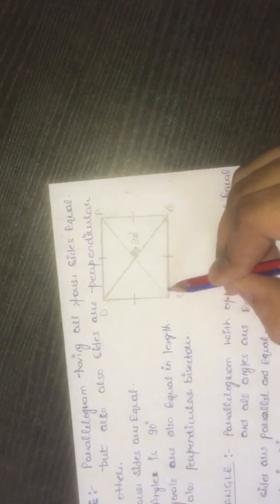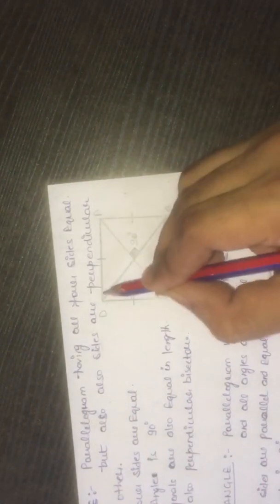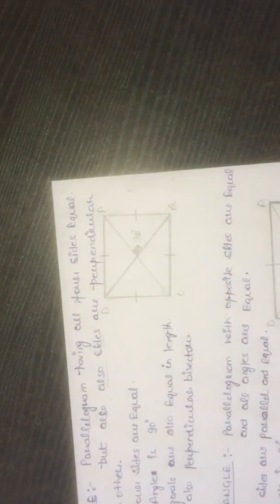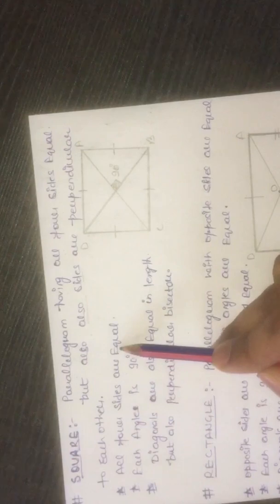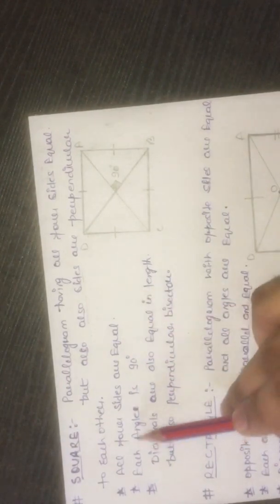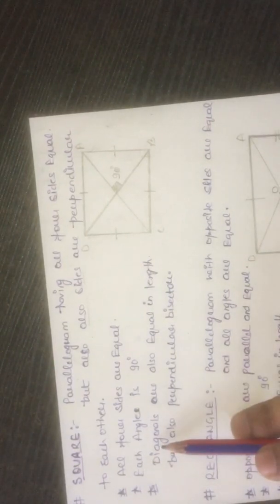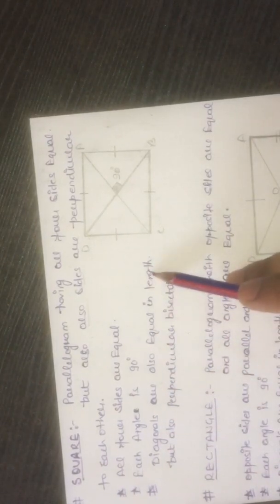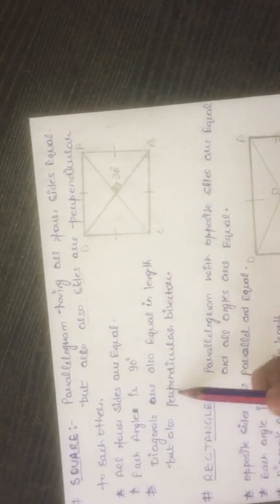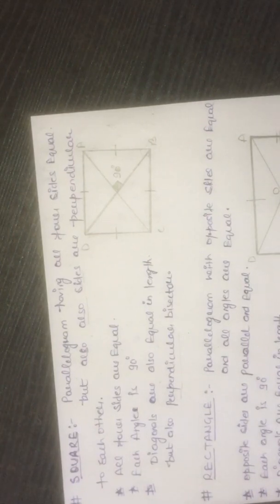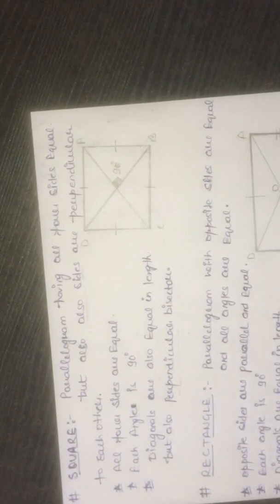That means all four angles are 90 degrees, or you can say all sides are perpendicular to each other. Diagonals are also equal in length, and they bisect each other perpendicularly, the same property as a rhombus. But in a rhombus, the sides are not perpendicular to each other, while in a square all four sides are perpendicular to each other.